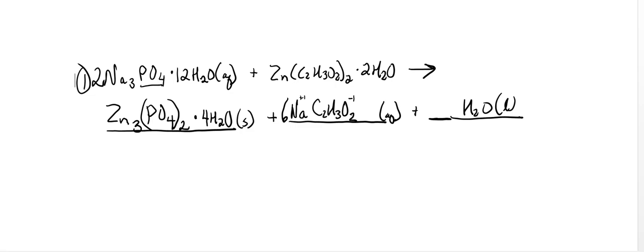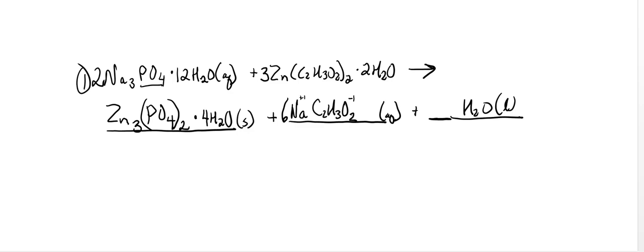Well, we got to fix that. How many acetates, C2H3O2s, do we have on the left? How many acetates do you have on the right? That one's good, right? Okay, so we have now balanced it for zinc, phosphate, sodium, and acetate, right?